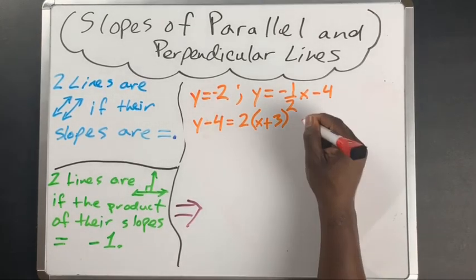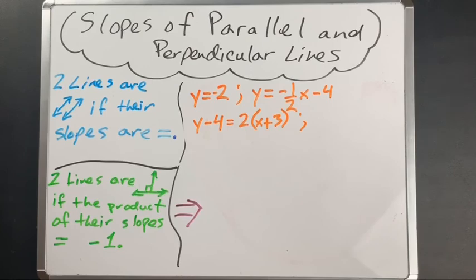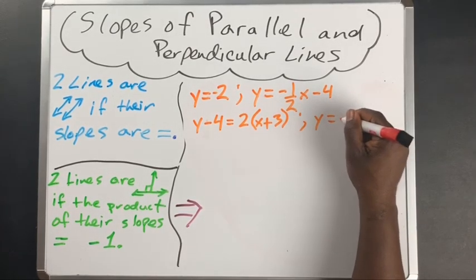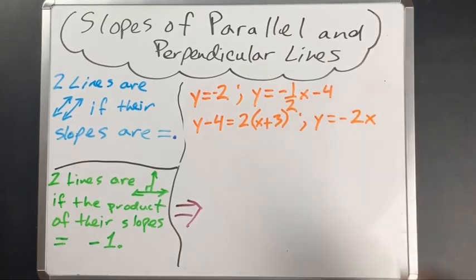And then we have one more equation, y equals -2 times x. Okay, so we've got four equations. Now let's inspect these equations and see if anything pops up.